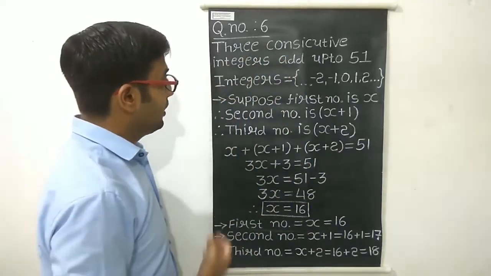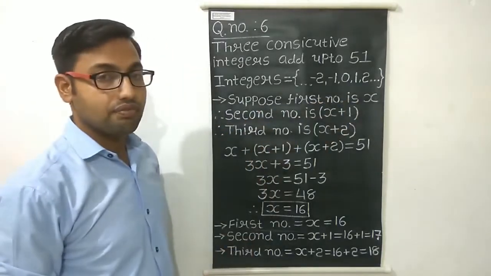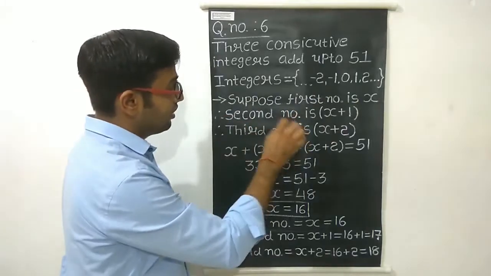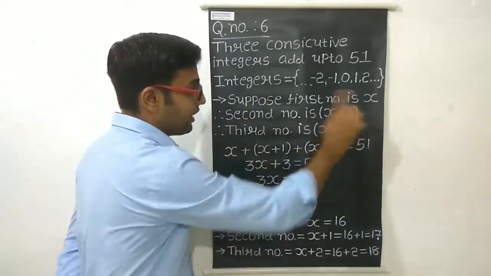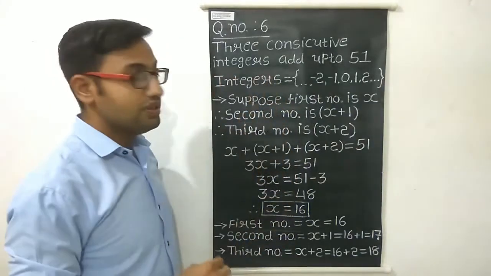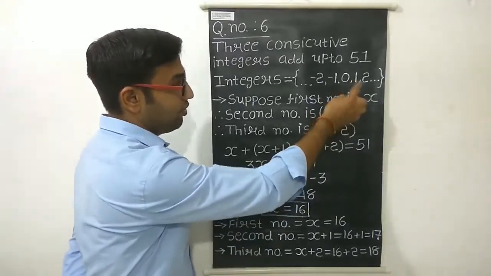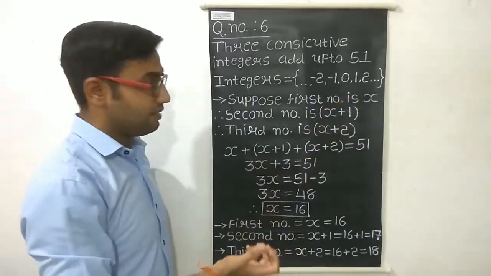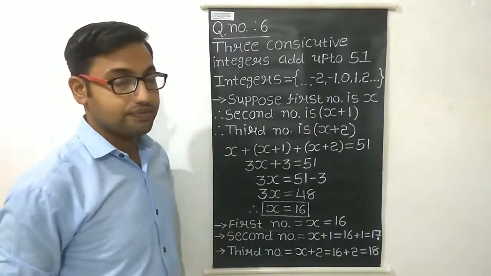So let's suppose the first number is x. Why do we take x here? Because we don't know out of the 3 numbers which number is the exact one. We don't know the exact number, so let us suppose it is x.